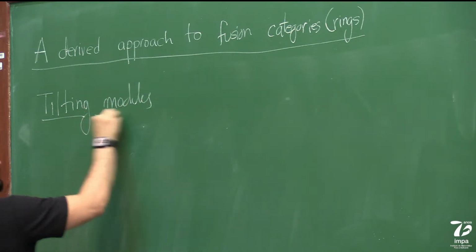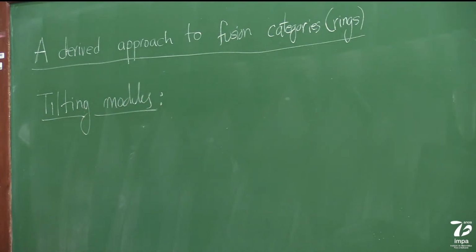These tilting modules, you can define in semi-simple algebras, in algebraic groups, and also in these quantum groups, and they are becoming important because with these tilting modules, I can produce a monoidal category, and a quotient of this monoidal category gives me all the information that I need.